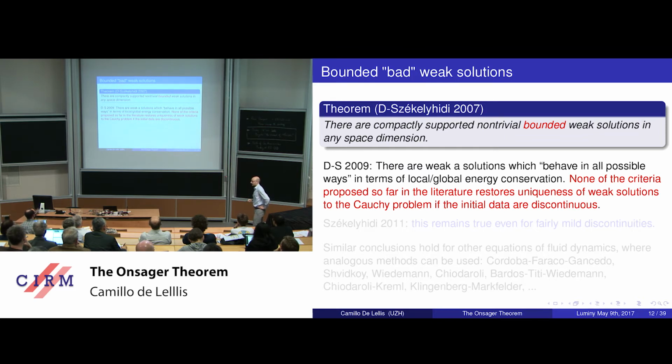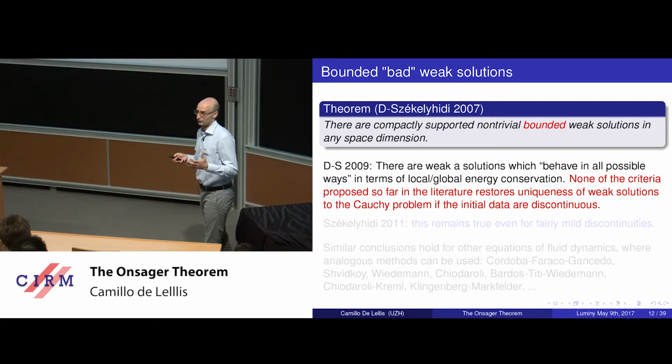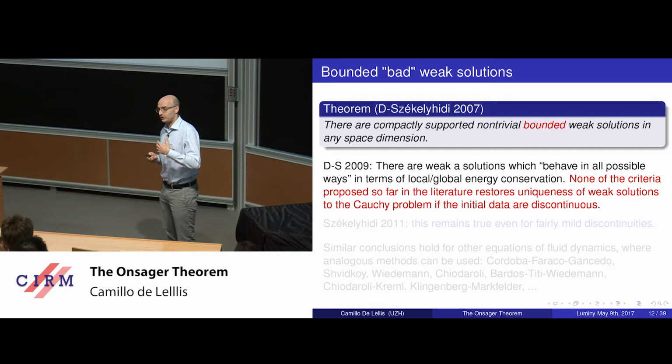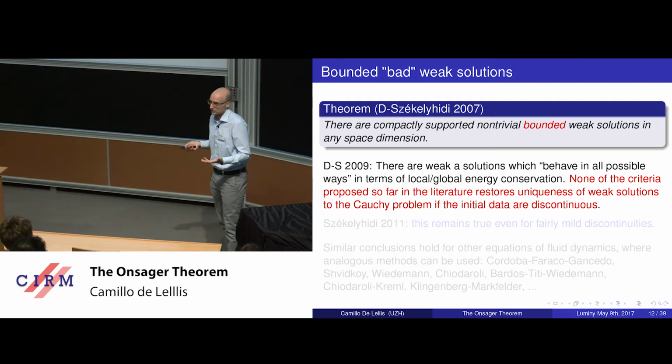And in fact, you can do much worse. In a sense, you can construct weak solutions which behave as badly as possible. You could ask, okay, these weak solutions violate, for instance, the uniqueness of solutions for the Cauchy problem, but if you complement them with some additional conditions like conservation of energy or dissipation of energy, local dissipation of energy, whatever, can you restore the uniqueness?